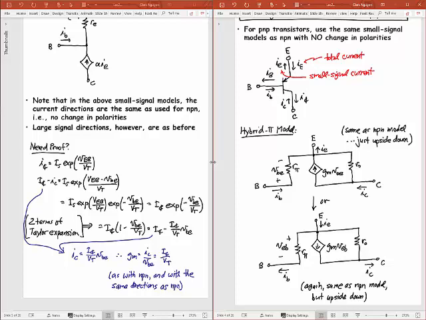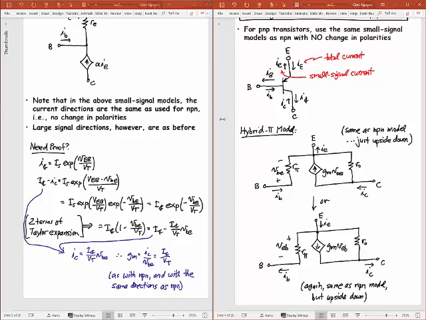Small signal currents can go up, but all the total currents need to go down because the voltage is higher at the top than the bottom. But in this, I could take i sub C, and if this is my direction for little i sub C in this case, then the total i sub C is going to be equal to the DC I sub C minus that i sub C. And the total VEB in this case, up here, is going to be the DC VEB minus the little vbe, which is the small signal VBE.